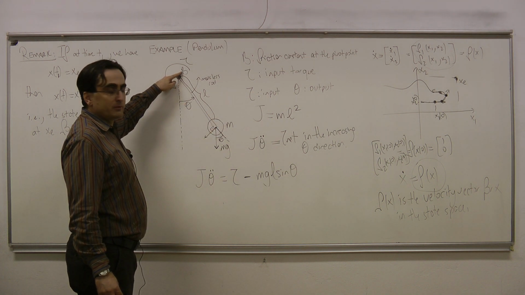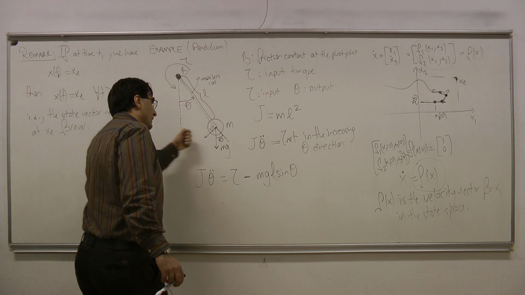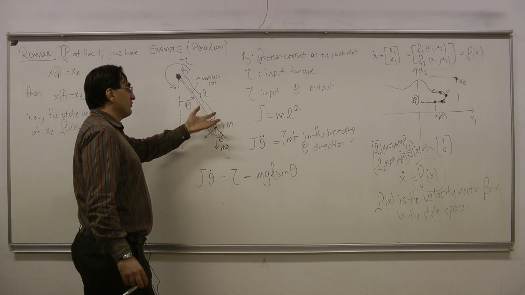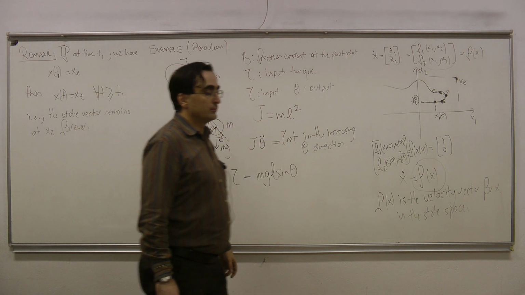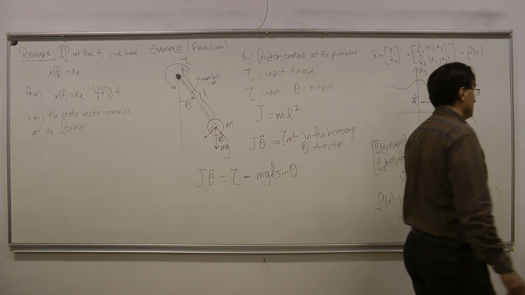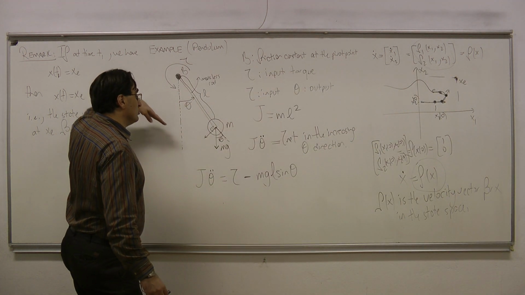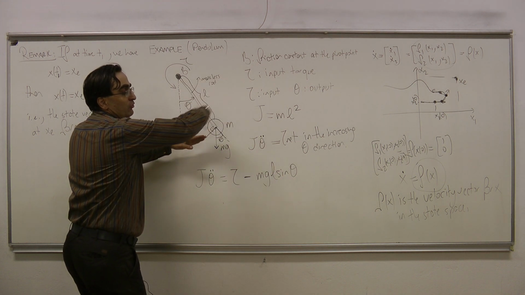There is a friction term here. When theta dot is positive, so this pendulum is moving like this, in which direction, clockwise or counterclockwise, would be the direction of the friction torque? We see that when the pendulum is moving like this, the friction torque will oppose this motion.